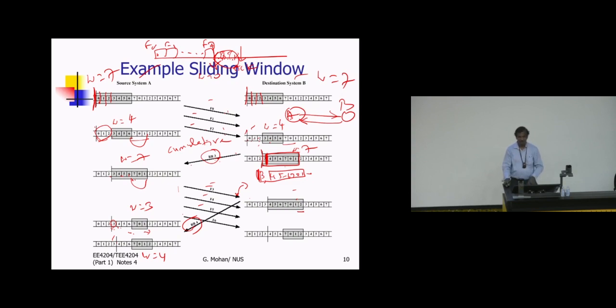Right now we assume there are no errors. Let's just understand the basic concept. When there are errors or losses of frames, even the acknowledgement can be lost. So how the protocol deals with that in addition to the flow control, that we call ARQ, automatic repeat request. That we will discuss at a later part of the lecture.